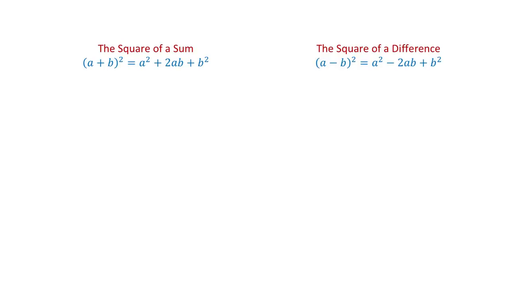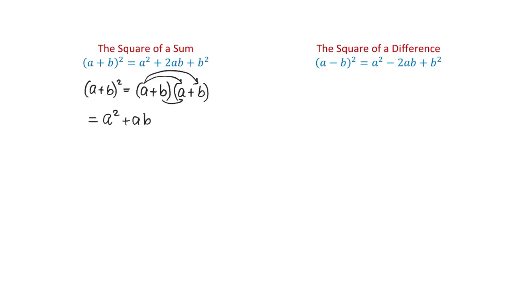For example, how (a + b)² equals a² + 2ab + b². Let's write (a + b)² as a product of a plus b times another a plus b, and let's use FOIL to remove the parentheses. So, a times a is a squared. A times b is ab.